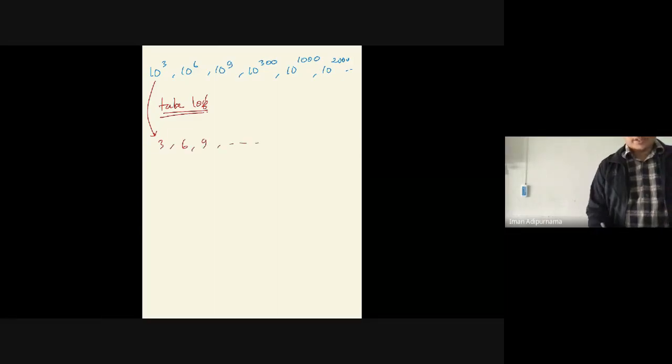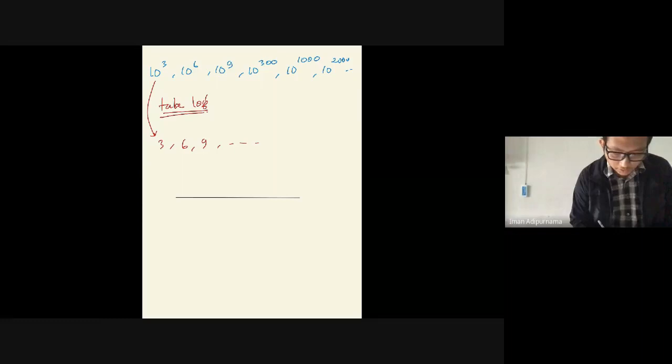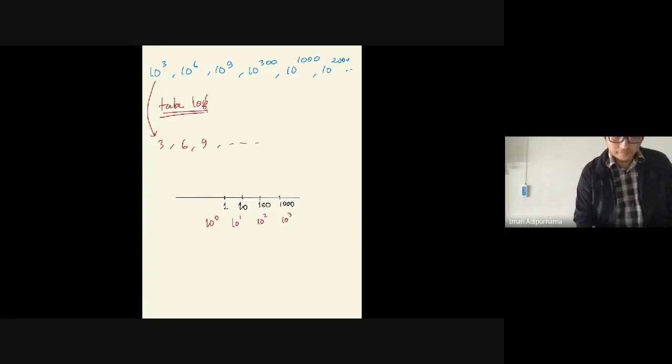So if I draw the log, let me have this is 1, meaning 10 to the power 0, and then 10, 100, 1000. Also, I can move backwards.